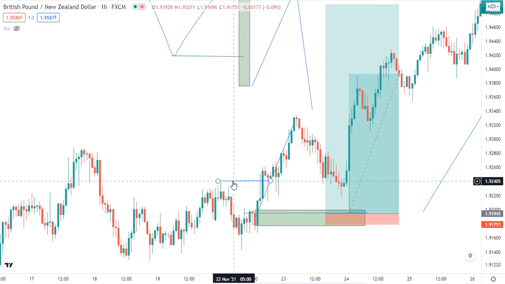So in the refining order blocks summary, you could trade the counter trends when price returns to a higher time frame POI. Then you can refine the order block and look for a higher risk to reward entry, which could help you not to lose more money. It could help you have more confidence entering the trades.